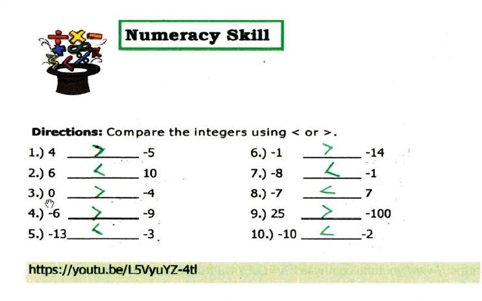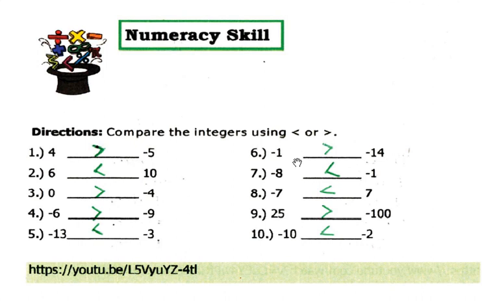Number 3, 0 is greater than negative 4 because 0 is to the right of negative 4. Number 4, negative 6 is greater than negative 9. Number 5, negative 13 is less than negative 3.